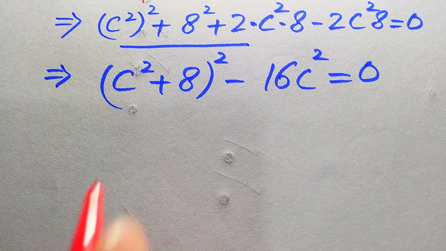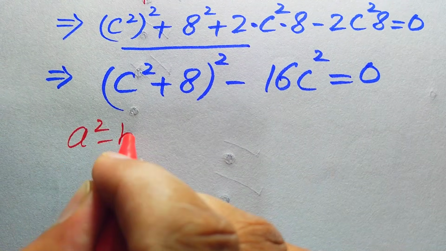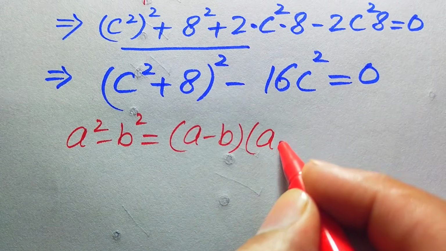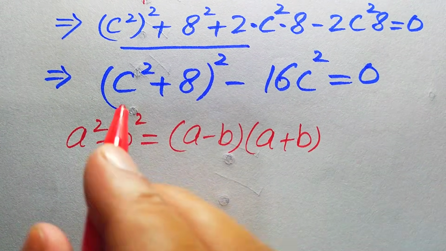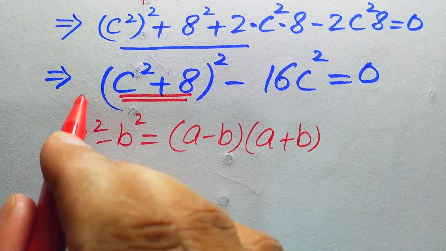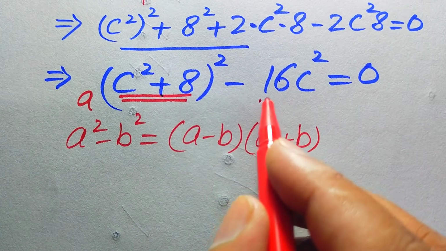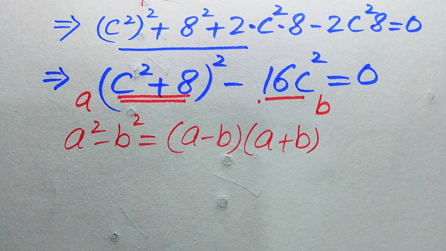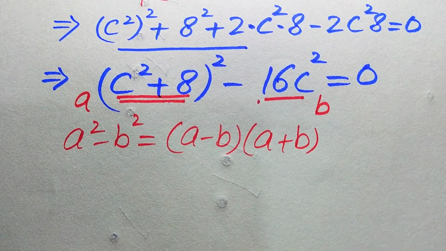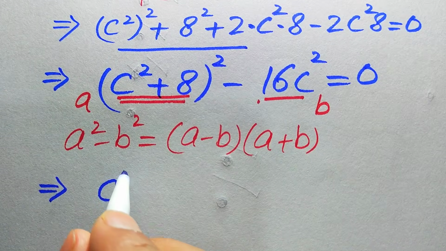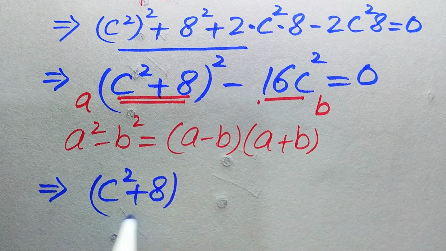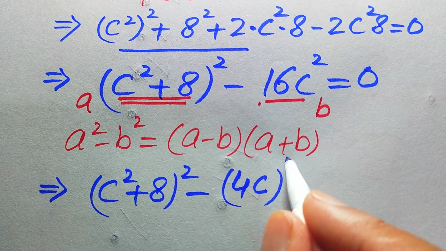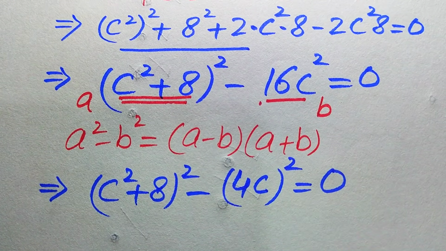According to that, if you have a square minus b square, this equals a minus b times a plus b. So here you see that this base is our a and the base of this term is our b. First we rewrite the above equation as c square plus 8 whole square minus 4 times c and its whole square, equals 0.